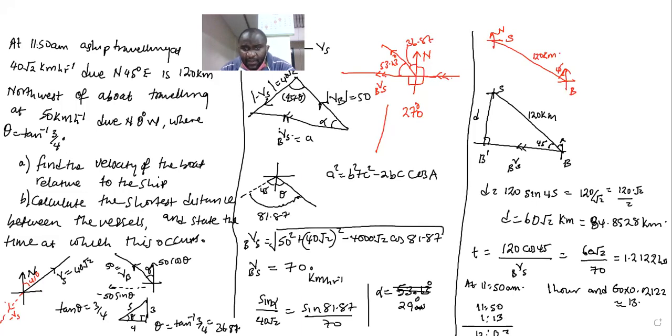So you carry 1 more here. Instead of having 12, you're going to have 13. So the time is going to be 13:03 hours. 13:03 is the same as 1 p.m. and 3 minutes. So it's the same as someone saying 3 minutes after 1 p.m.